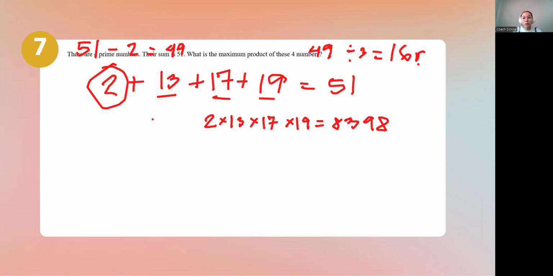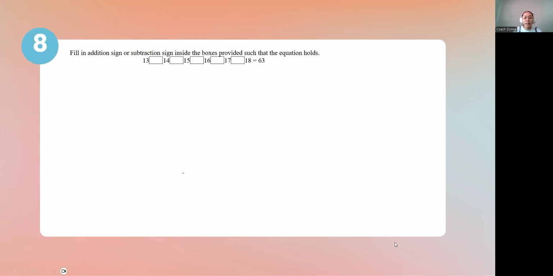Let's have number 8. So fill in the addition sign or subtraction sign inside the boxes provided such that the equation holds true. So you have here, we can actually do plus in everything first. So to check what's the maximum value we could have. All right.